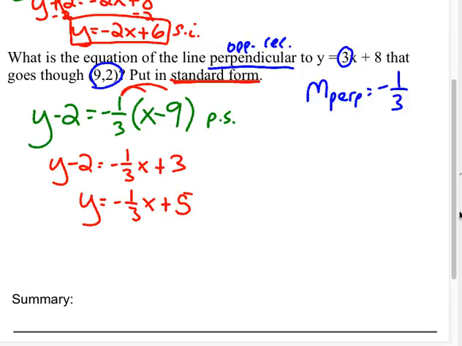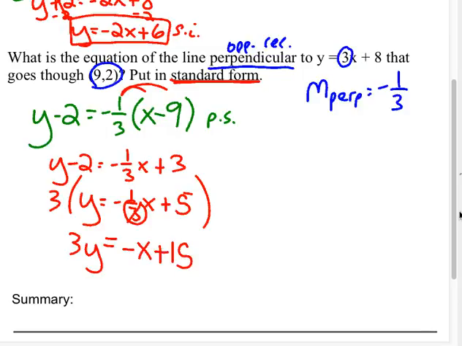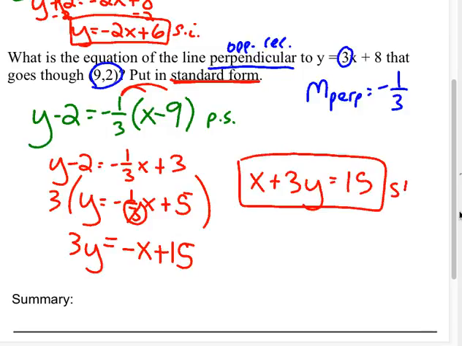So now I want to deal with this negative, or with that 3 right there. So I'm going to multiply this whole thing by 3 to cancel that off. Okay, I want to get rid of that denominator. Now I need to get x and y together, so I'm going to add that x over. And there is my standard form equation.